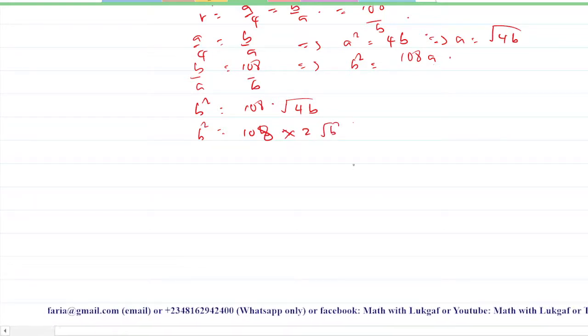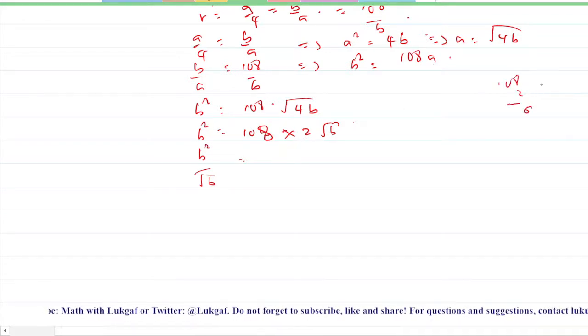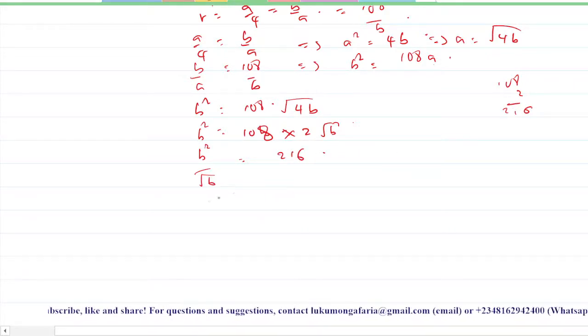Then you can just divide through by square root of B. You have B squared over square root of B is equal to 108 times 2. What is 108 times 2? That is 216.